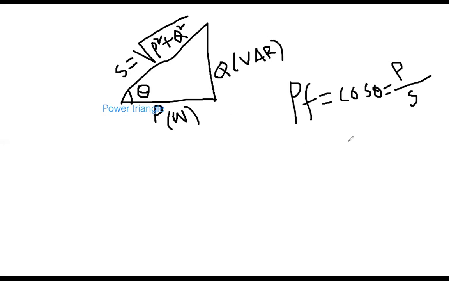Now, everybody say, what can be the maximum value of this power factor? What should be the maximum value? Everybody say, this is cosine theta, and this is P over S. So what is your expectation? What can be the maximum value of cosine theta?